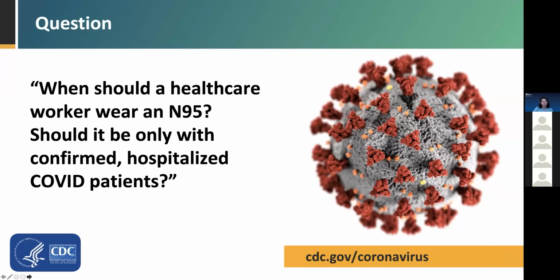Options for source control include a NIOSH approved N95 or equivalent or higher level respirator, a respirator that's approved under standards used in other countries, as well as a well-fitting face mask. So I think that pretty much sums it up. Those are the three major situations where an N95 is recommended for use in healthcare, specifically with regards to SARS-CoV-2 in the pandemic.